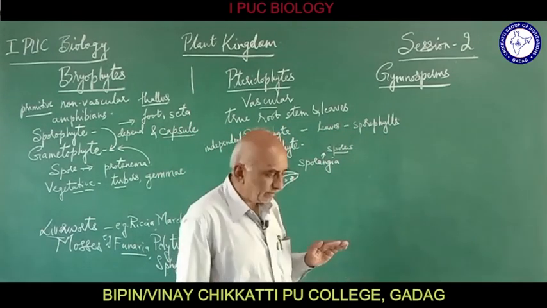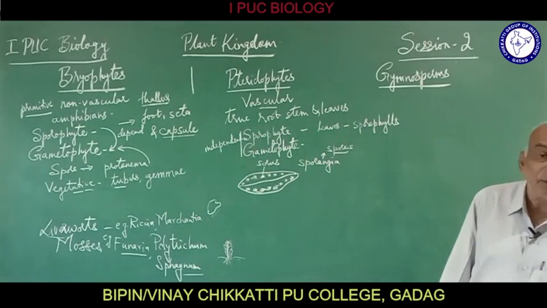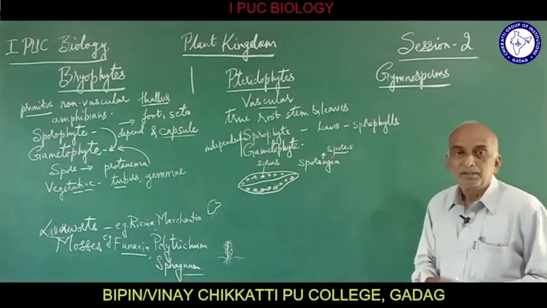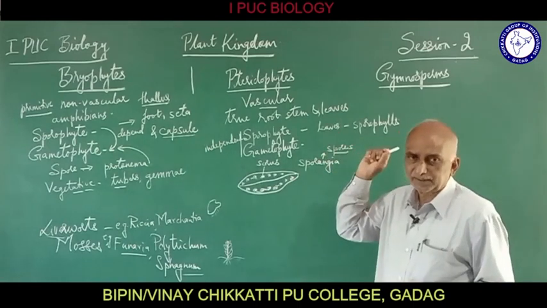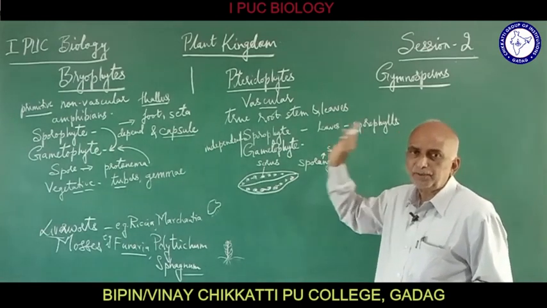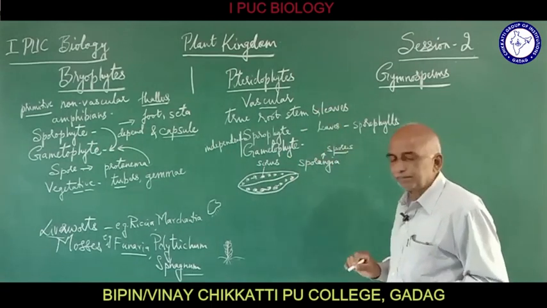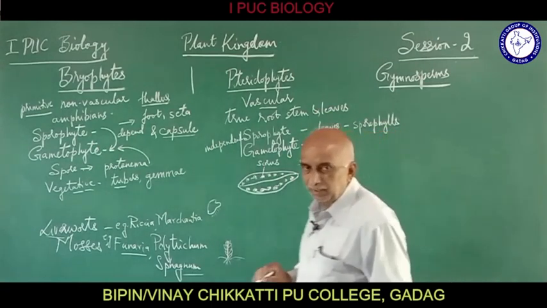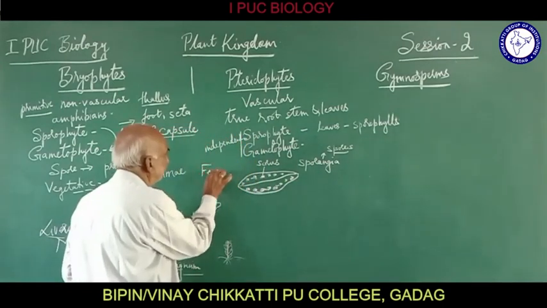Some of the pteridophytes are ornamentally grown in pots, and they do not produce any flowers. So there is no question of flower at all here. These pteridophytes, which are usually grown as ornamentals, are usually called ferns.